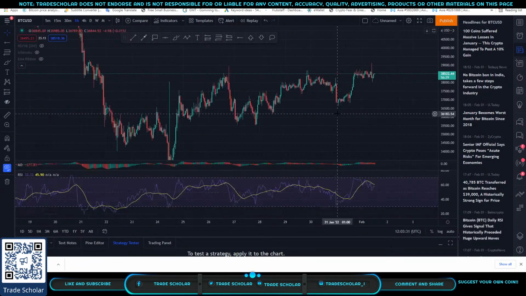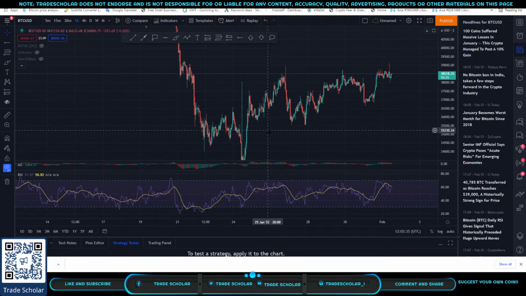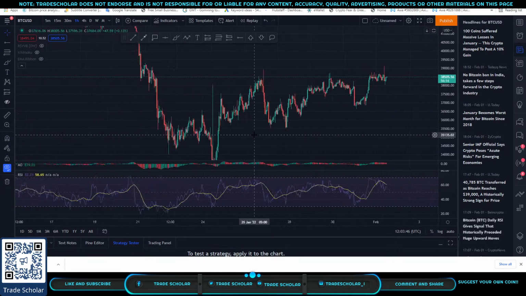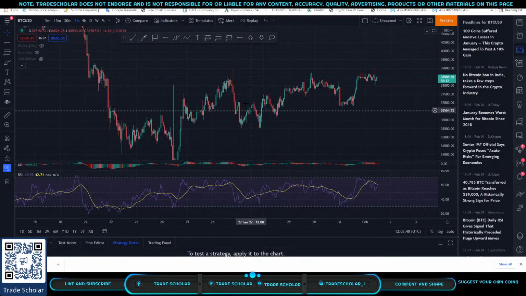Just like this one, it looks like a double, triple bottom, then it breaks out to the upside. Head and shoulders: shoulder, head, shoulder, and then a breakout to the upside.